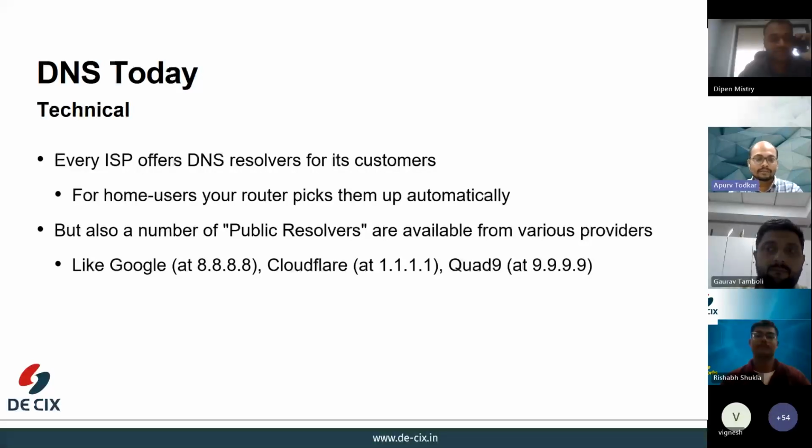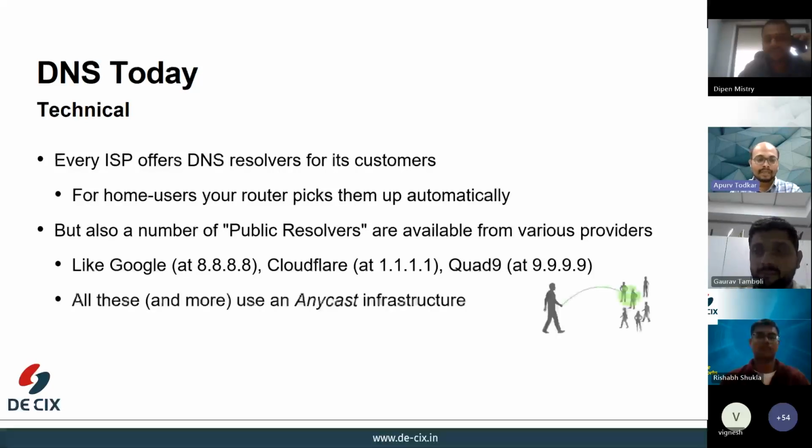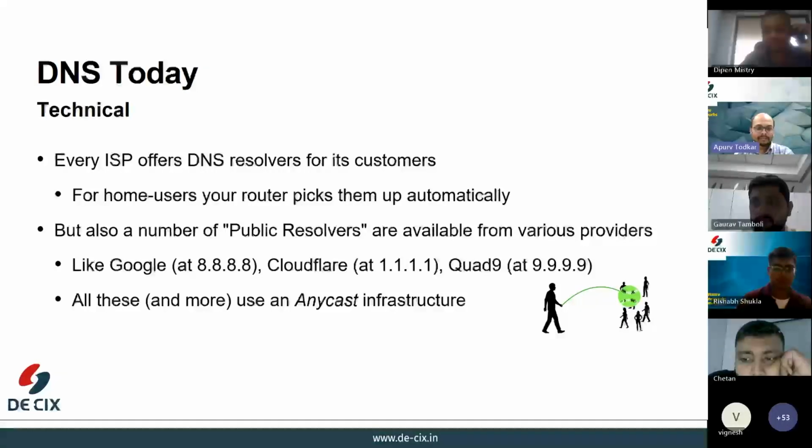But if you are unhappy with the DNS that your ISP is providing, there are many public resolvers available. For example, customers might know that we have Google's open DNS, Cloudflare's open DNS, and Quad9's open DNS. And you could look on Wikipedia for many other public open DNS. These offer some additional functionalities which they claim, like protecting you from malware.